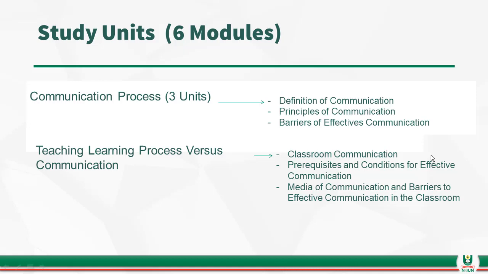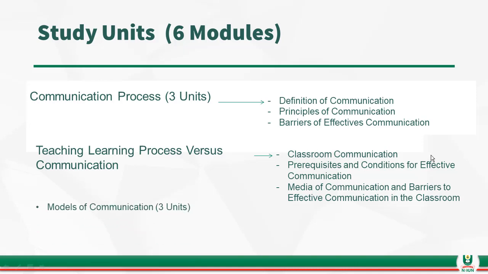Under this we have 3 units as well, and the first unit that we'll be discussing is classroom communication. That will be giving another definition of communication as related to the classroom. Then we'll be discussing the prerequisites and conditions for effective communication, as well as media of communication and barriers to effective communication in the classroom.